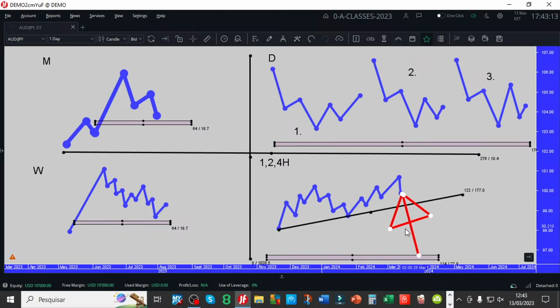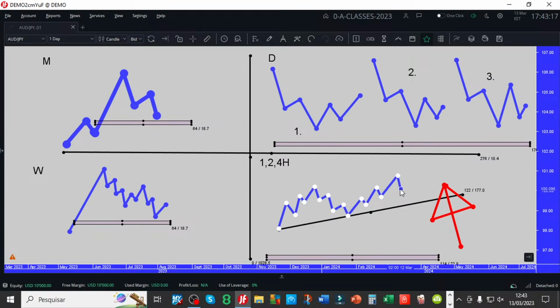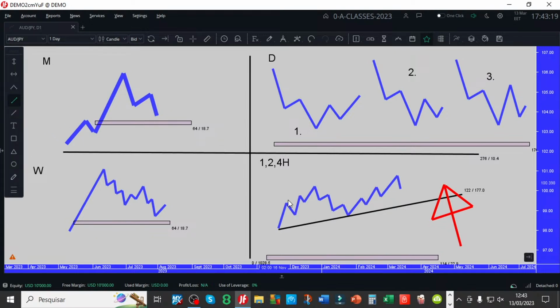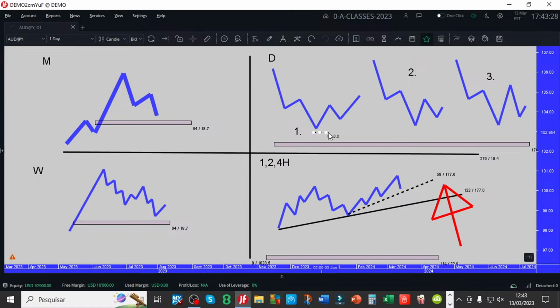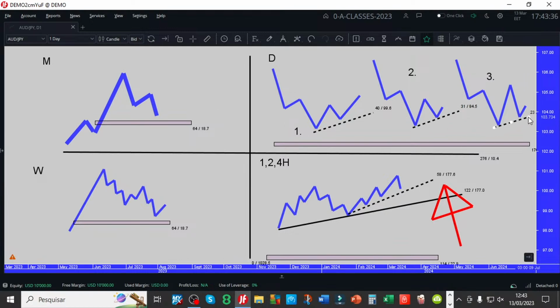The market's making higher highs, higher lows, right? So here you have an uptrend line, and here you have an uptrend line, and here you have an uptrend line.